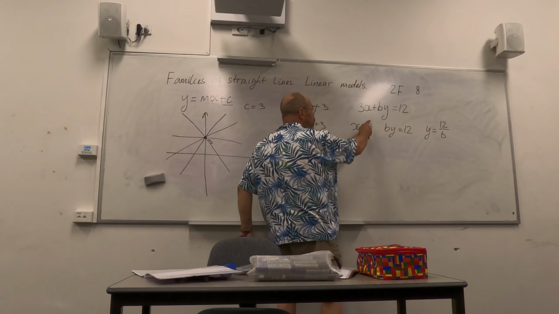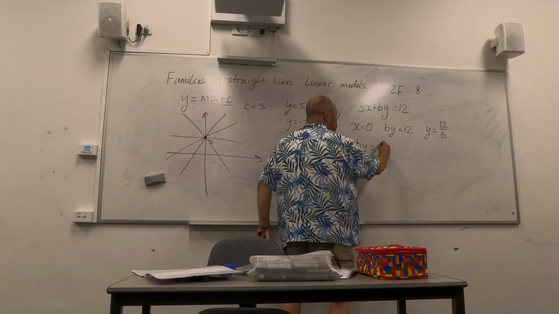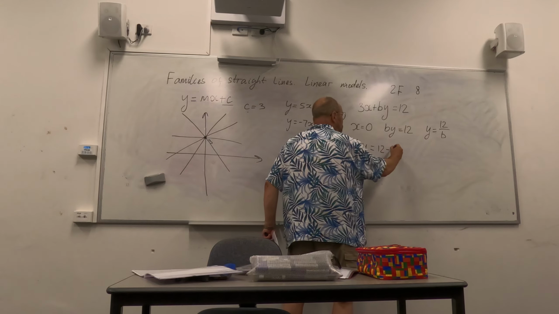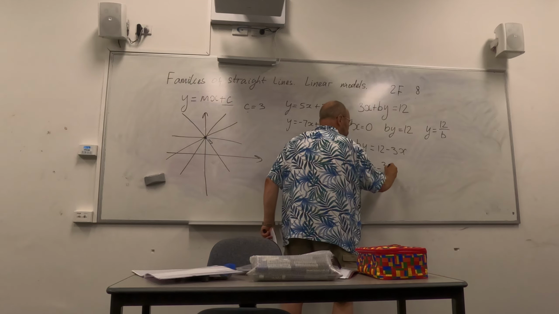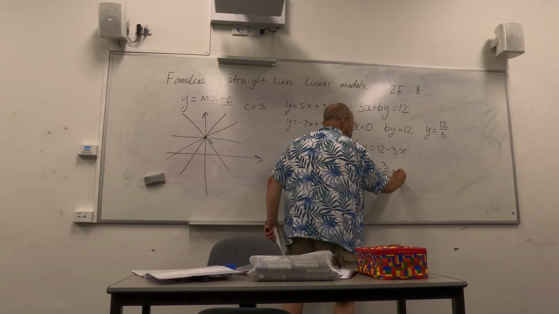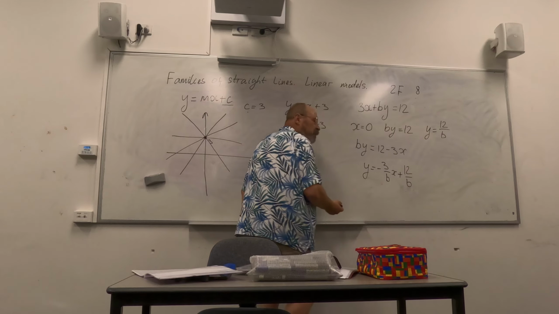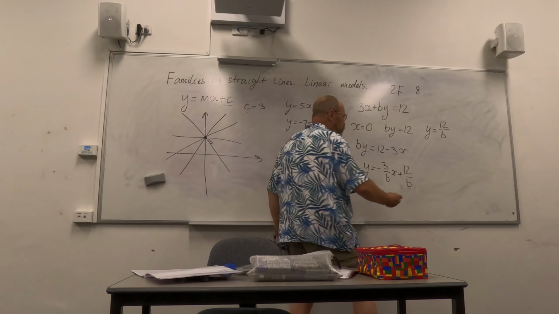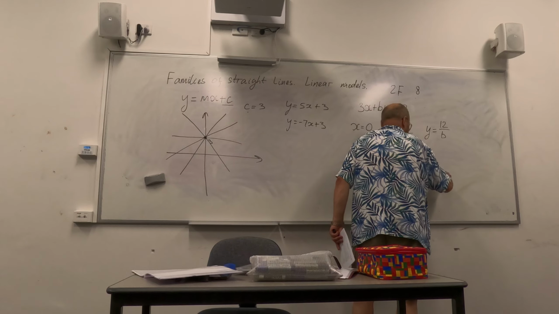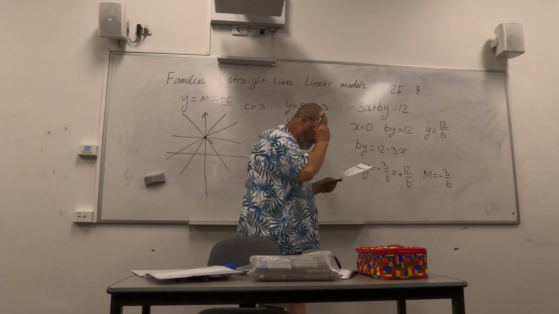So we will get from here by equals 12 minus 3x. So y equals negative 3 on b x plus 12 on b. So what is the gradient? Negative 3 over b, negative 3 on b.